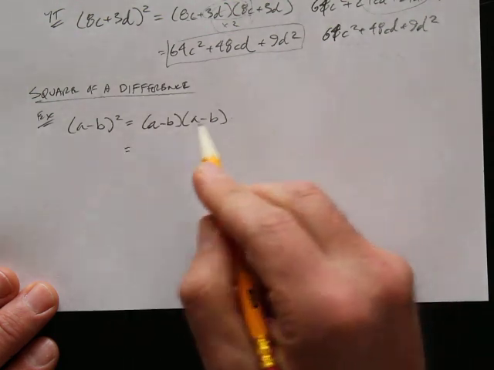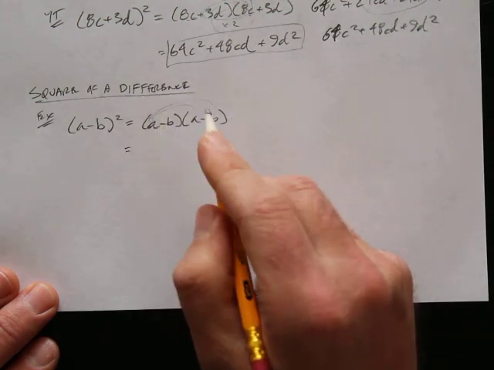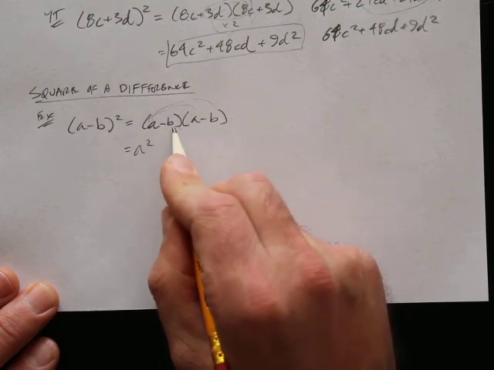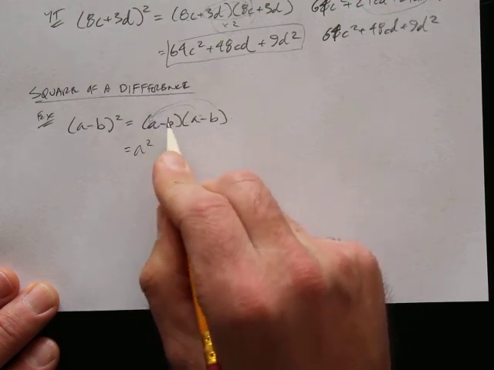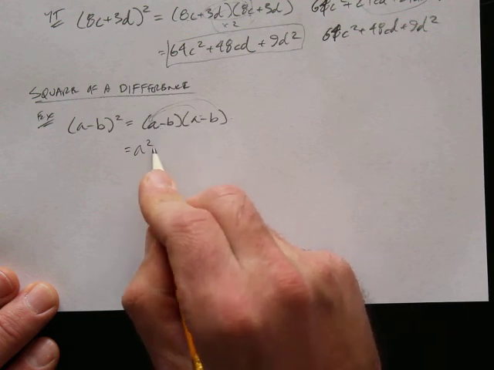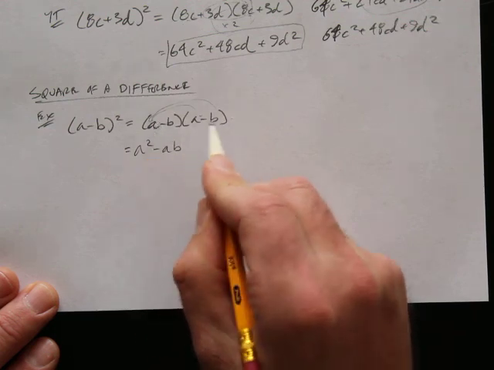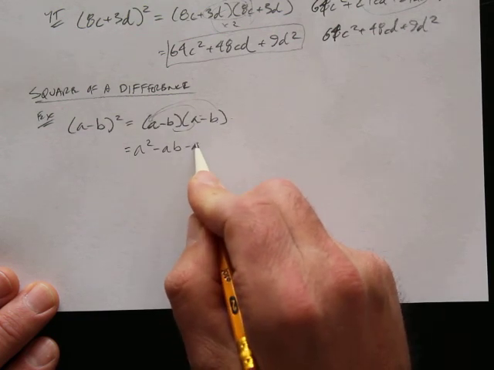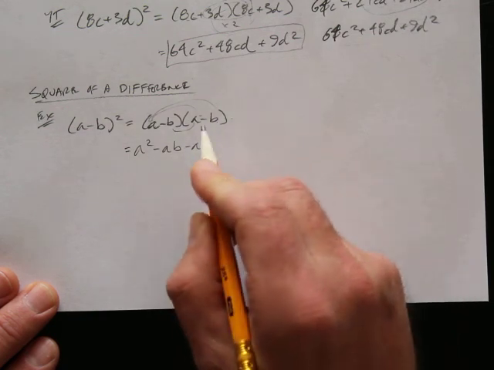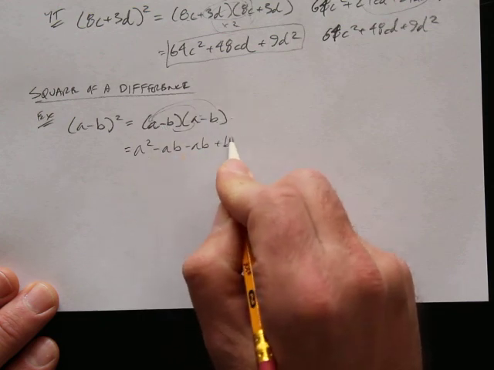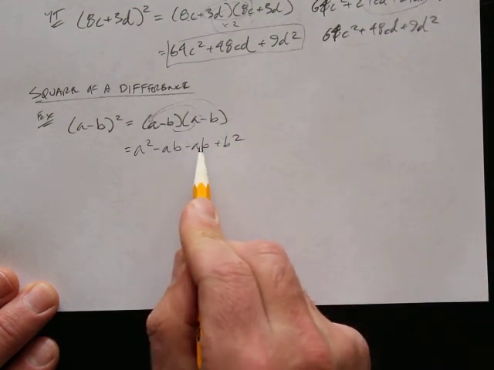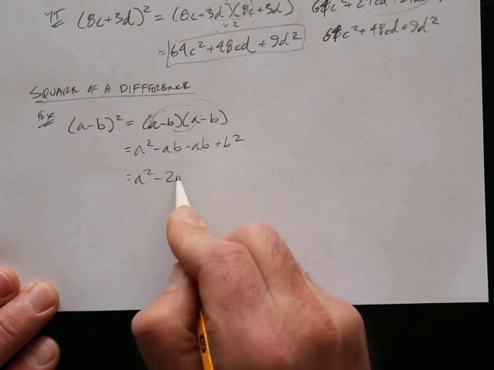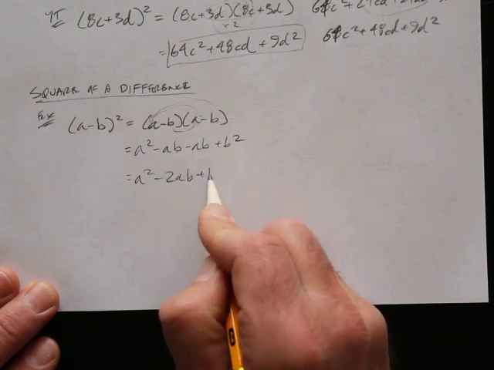If I were to FOIL this out, I'll go a squared, and then first outside minus a times b, inside minus b times a. I'm going to write this as a times b if you don't mind. And then plus b squared. Notice I've got these two that are like terms. So I have a squared minus 2ab plus b squared.